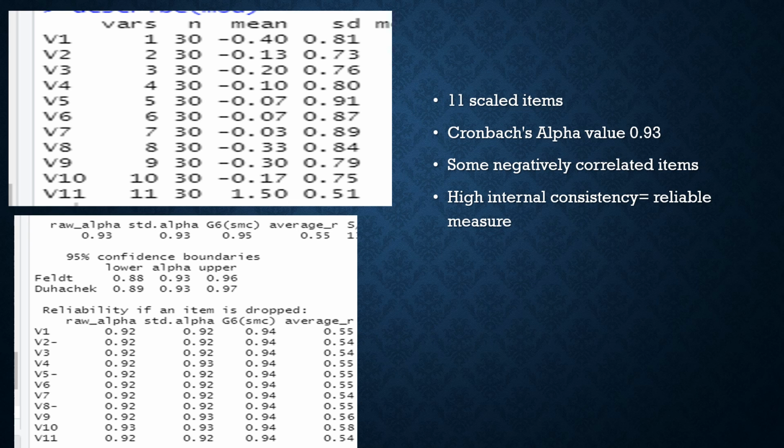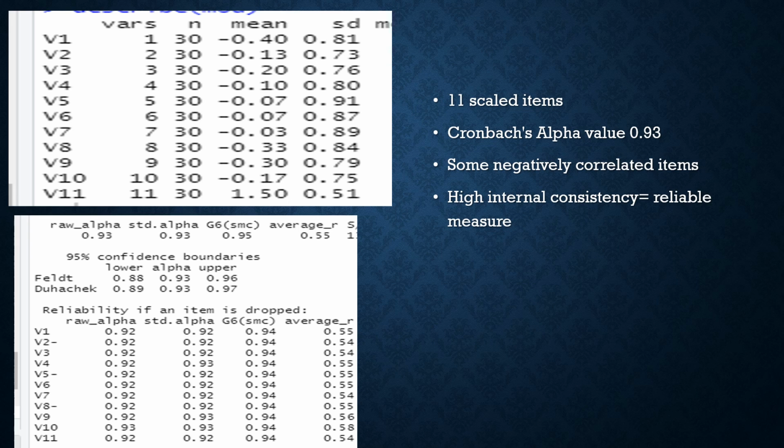What this means is that with higher internal consistency, you can be reassured to an extent that your measure is reliable. However, according to Cortina, alpha, this internal consistency, is not sufficient to assess how good a scale is overall. So you also need to consider validity when you are looking at measures to be implemented.